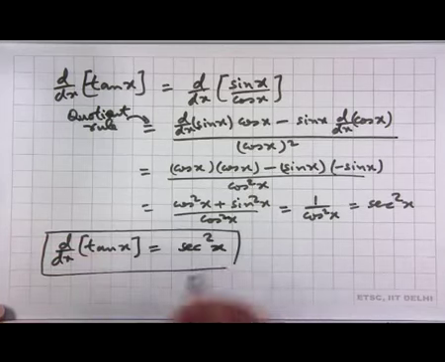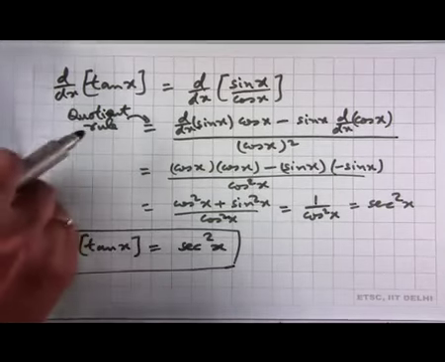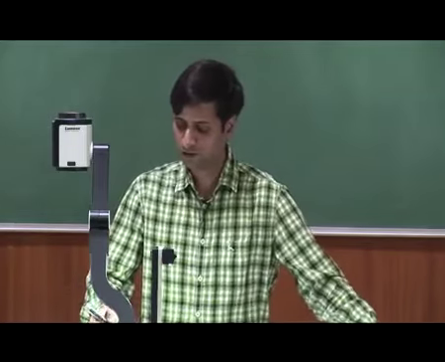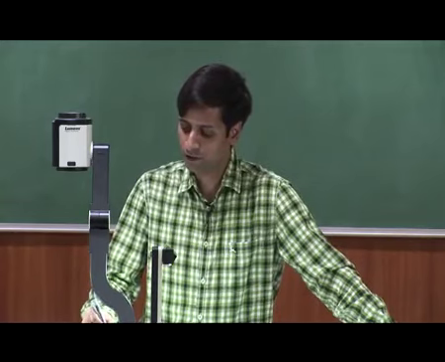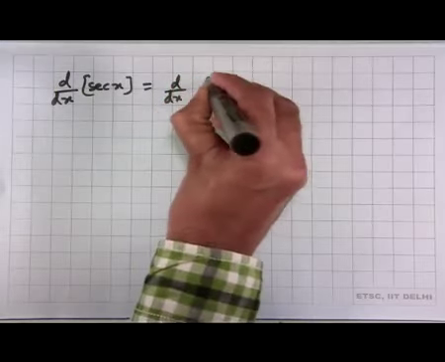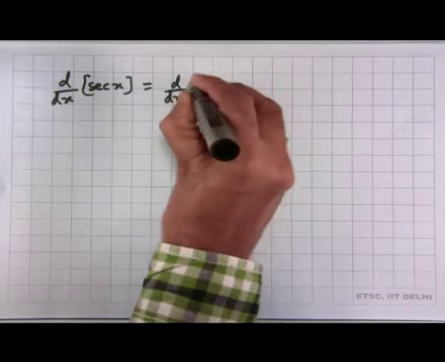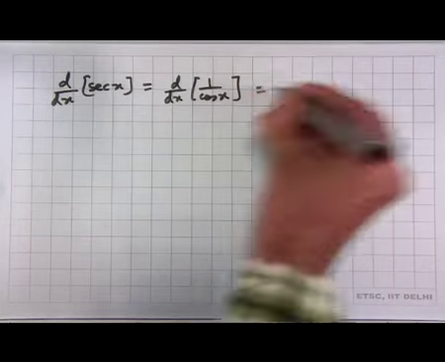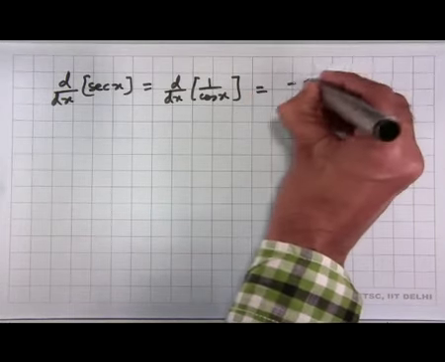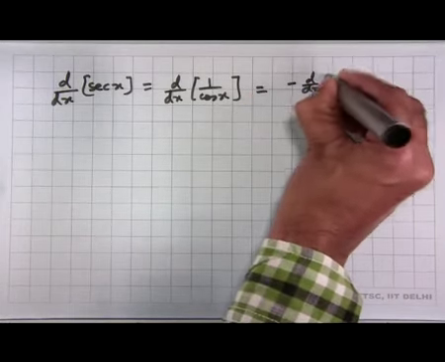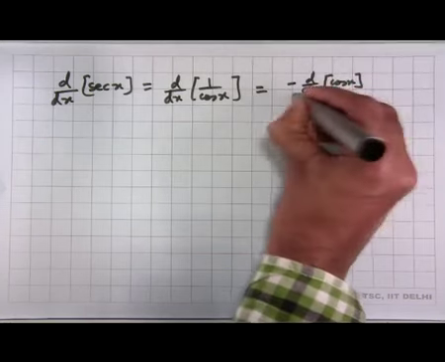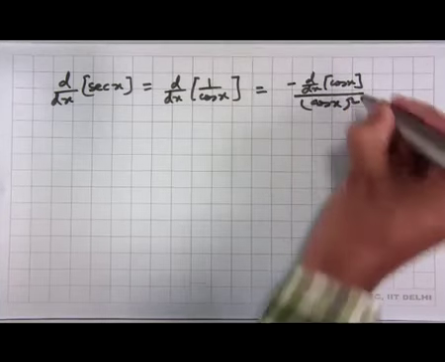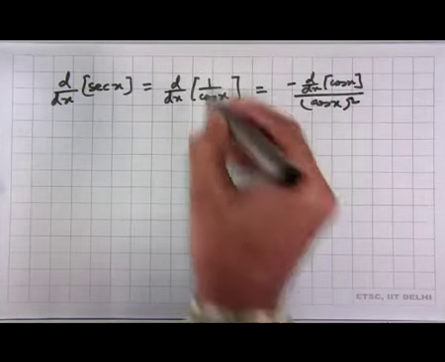And now, other trigonometric functions you can also calculate, because those are just the reciprocals of these functions. So, if I write d by dx of secant x, then secant x is nothing but 1 by cos x, and we know the derivative of the reciprocal is given by negative of the derivative of cos x divided by cos x square. This is by the quotient rule or by our special formula for 1 by f x.